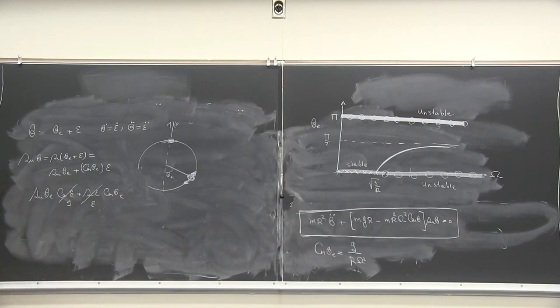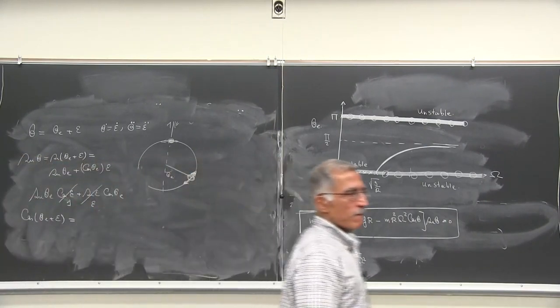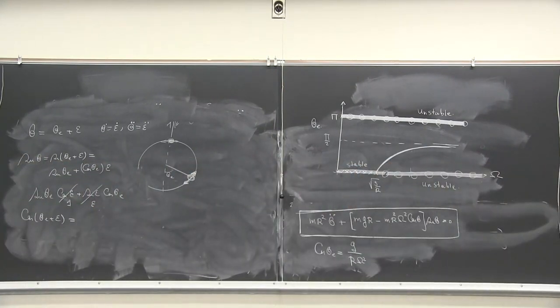To elaborate for a graduate course: cosine of theta equilibrium plus epsilon. Do you remember that? Does anybody remember that? Can I expand that one?